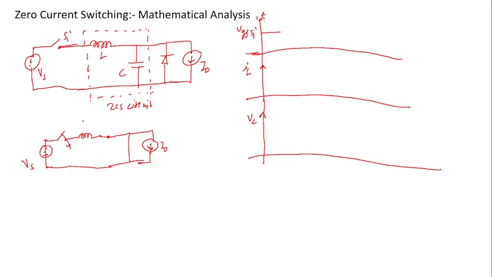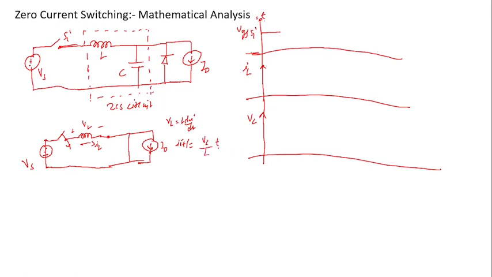Here you can see VL, let's say plus minus, and this is IL. Then VL is equal to L dI by dt, which means the current I of t is nothing but Vs divided by L times time.